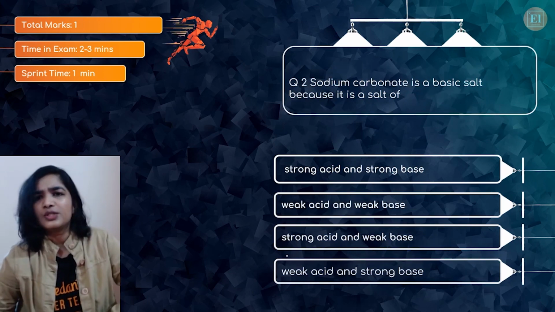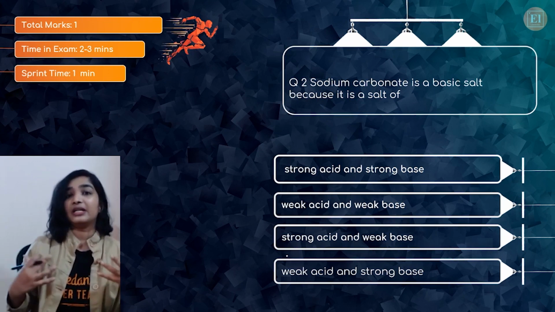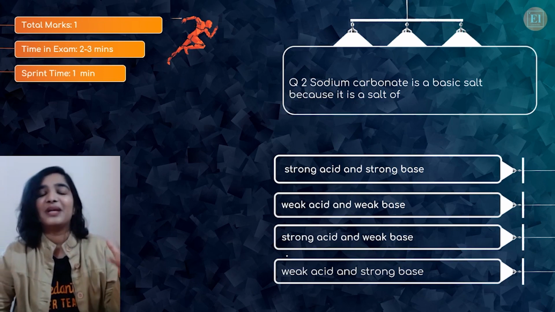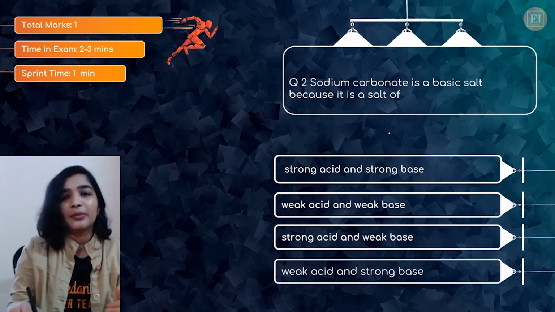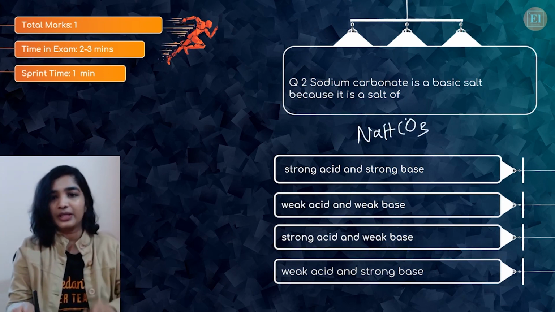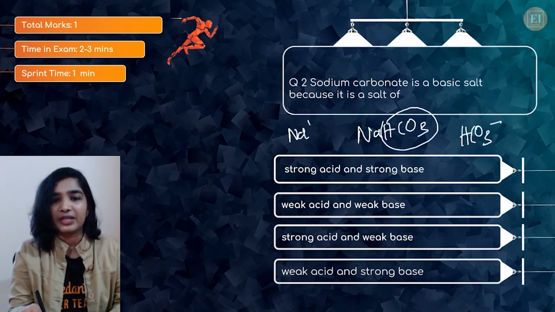Second question. Sodium carbonate is a basic salt because it is a salt of... We have studied about it, right? Types of salts based on their parents, that means the acid and base from which it has been derived. What is the formula of sodium hydrogen carbonate? NaHCO3. So this is the acidic radical, HCO3 minus, and the basic radical, Na+.